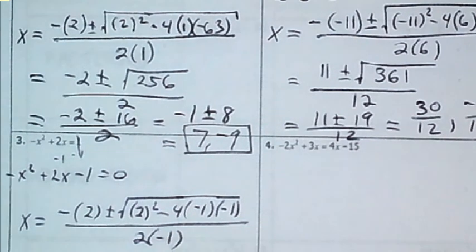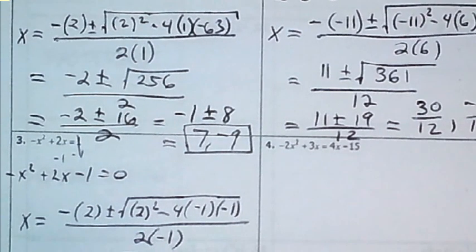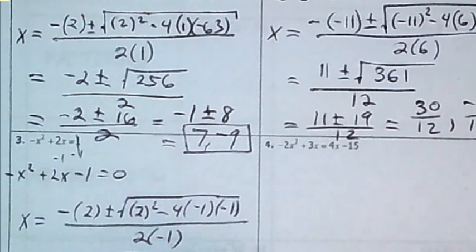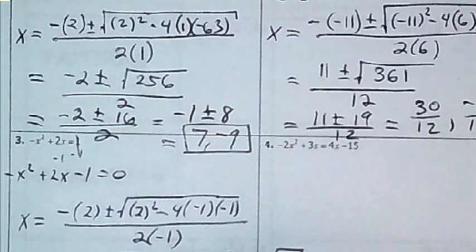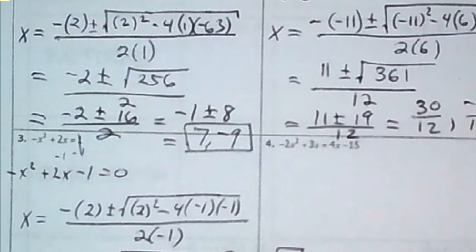Alright, so we simplify what we got here, so we get negative 2 plus minus the root of, look what happens, 4 minus 4 is 0 over negative 2. So this becomes negative 2 over negative 2, which is positive 1. Alright, so there's one answer here.